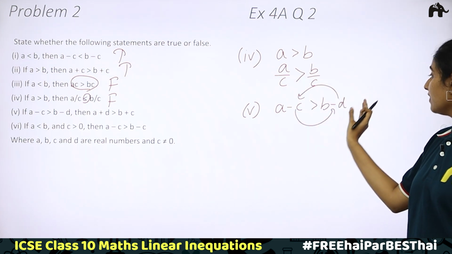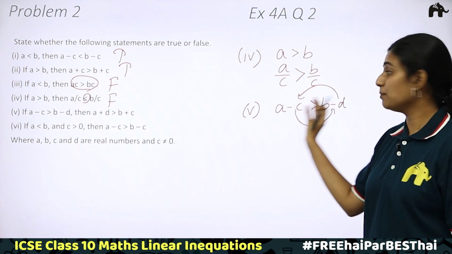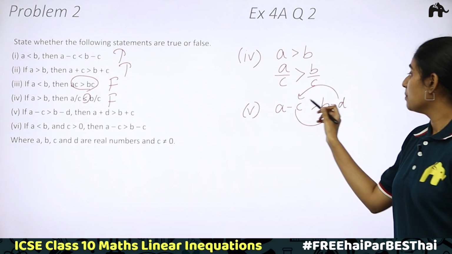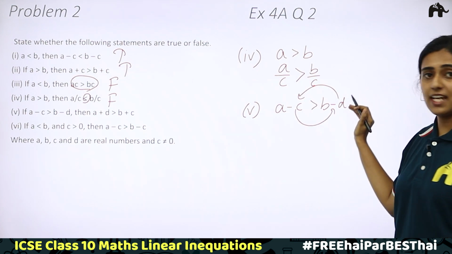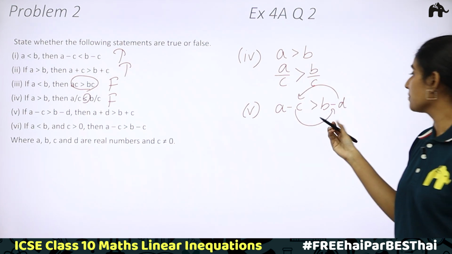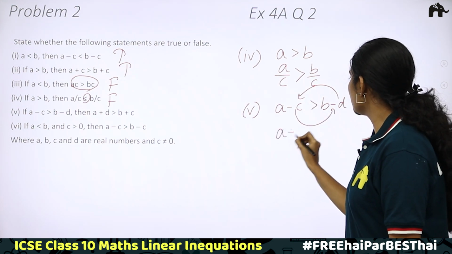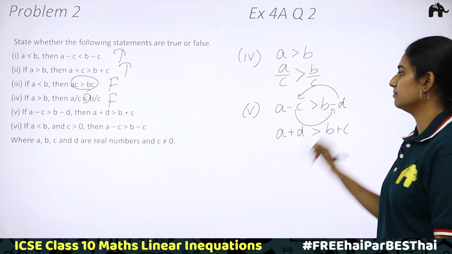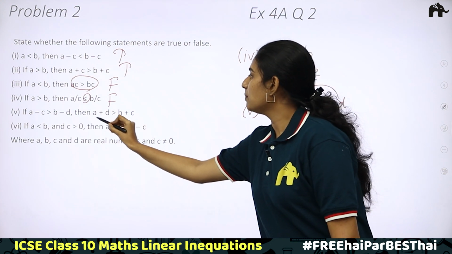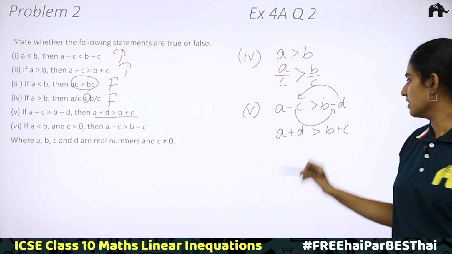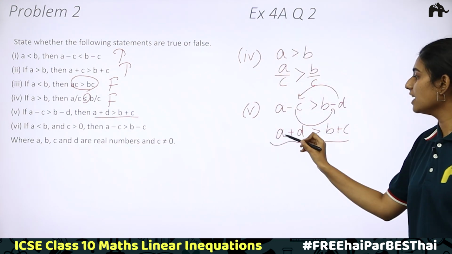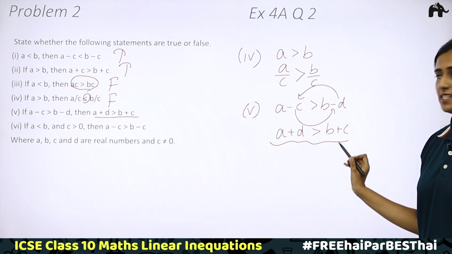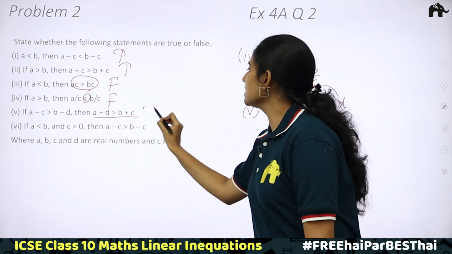Minus D, when it comes to the left hand side, becomes plus D. Minus C, when it comes to the right hand side, becomes plus C. That is A plus D greater than B plus C. We also solved and got A plus D greater than B plus C, which means this is true.